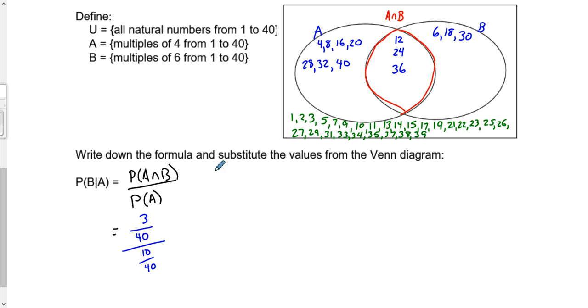Of course, I like writing things out like this, just so you can see, but remembering that this is a division, we have 3 out of 40 divided by 10 out of 40.